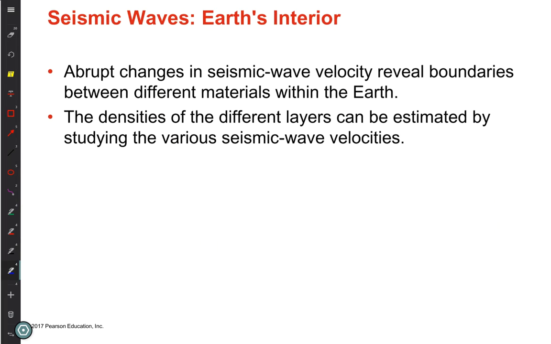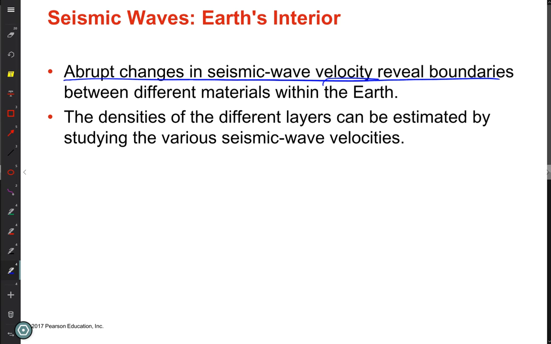By studying the waves, people notice that you have abrupt changes in the velocity of earthquake waves. That is, you have an earthquake that occurs, let's say, in Landers, California. And you measure how long it takes for the wave to go from Landers to Riverside and from Landers to Modesto and so on.